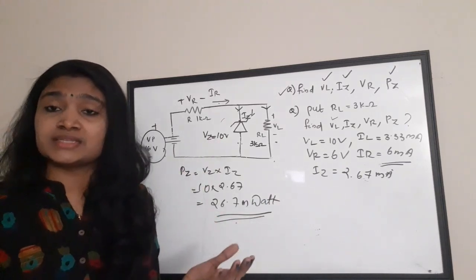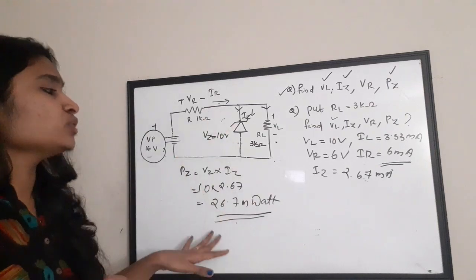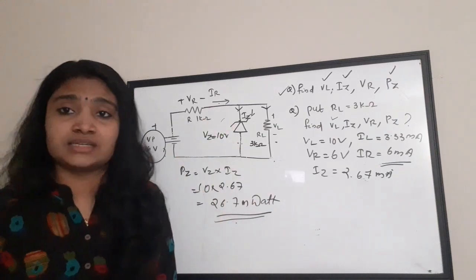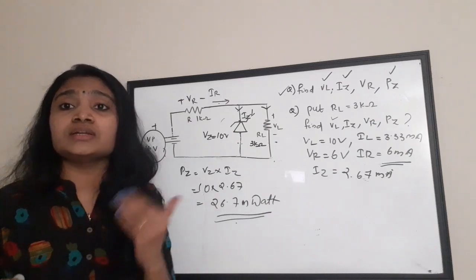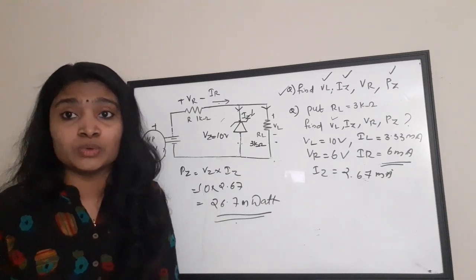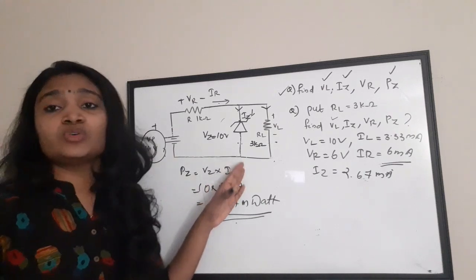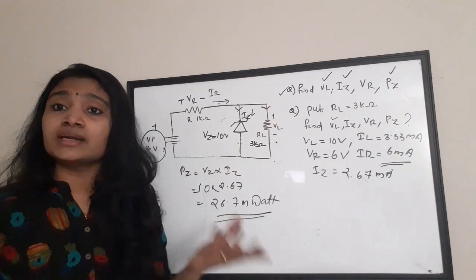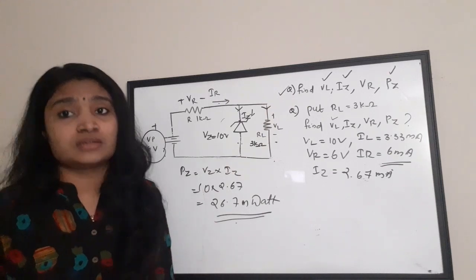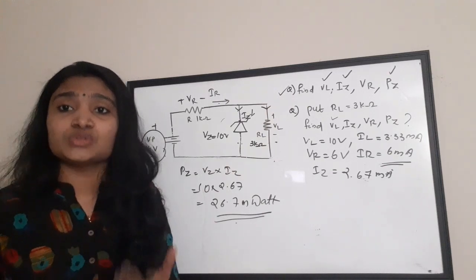So in the earlier question, we did not have to calculate all these things because it was not in conducting mode. When the diode is conducting, the voltage drop across the diode will be equal to its threshold voltage. That is an important concept for the second part of the question. In the first part, since the diode was not conducting, it was just acting like an open circuit. This thing also you should know.